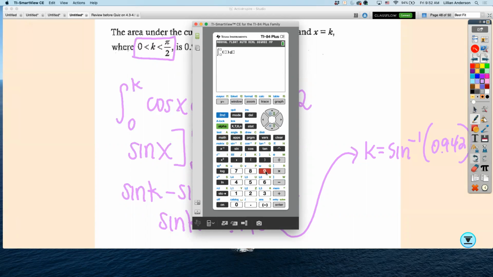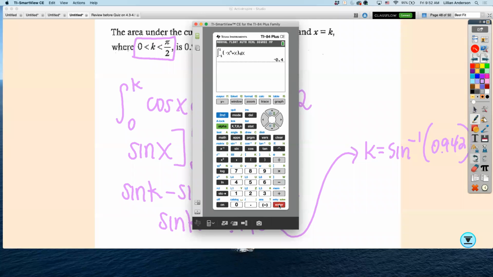Because option 9 is what pulled up the integral feature, and then we just type in our lower bound. So let's say if we wanted to go from -1 to 1, and our function was negative x to the 4th plus 1, or plus x, because I think that's what it was for the last problem. We just want to make sure we plug in that dx, and then we'll get our answer.